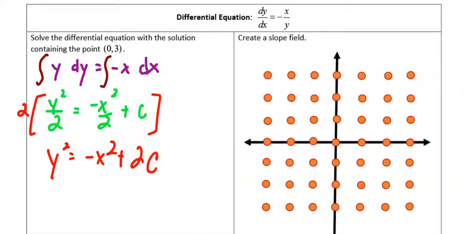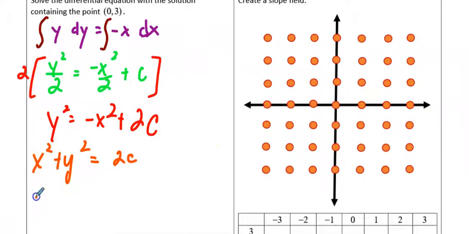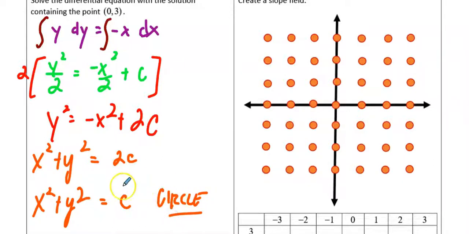If I rewrite this one more time and move this over, I get x squared plus y squared is equal to 2c, which basically means x squared plus y squared is equal to some constant, which in this case is a circle. So this is a representation of a circle. That's the solving of the actual differential equation.